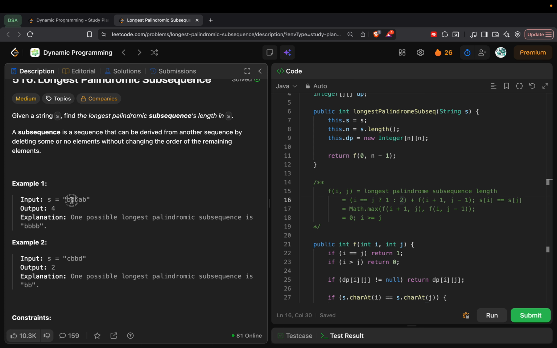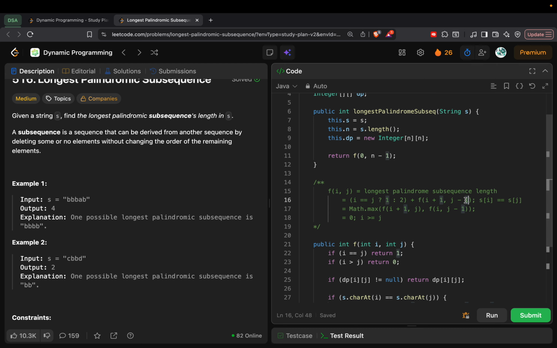Now if i and j are not equal, and b and b are equal, two characters are contributing, so that is what I mean. So if i and j are equal, only one character will be contributing, and if both are not equal, then two characters will be contributing. And then I have to get the answer for the remaining subsequence from i plus 1 all the way to j minus 1.